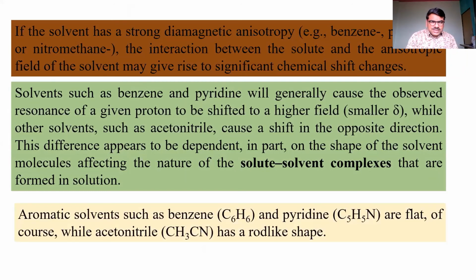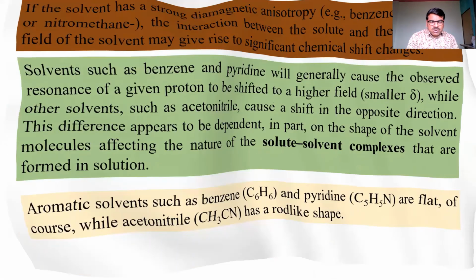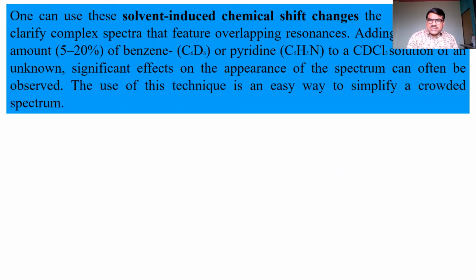That part we have seen there. Aromatic solvents such as benzene C6H6 and pyridine C5H5N are flat, while acetonitrile CH3CN has a rod-like shape. When one uses solvent-induced chemical shift changes, the advantage is to clarify complex spectra that feature overlapping resonances.